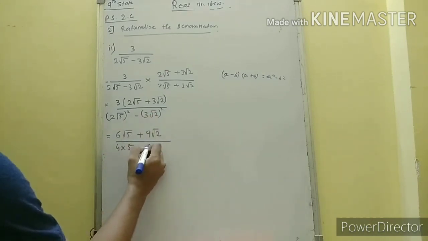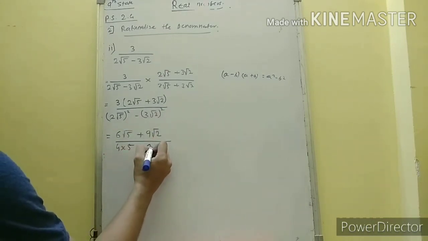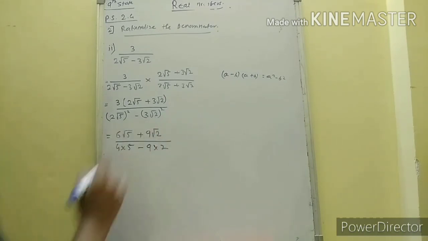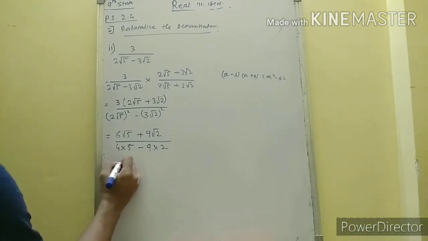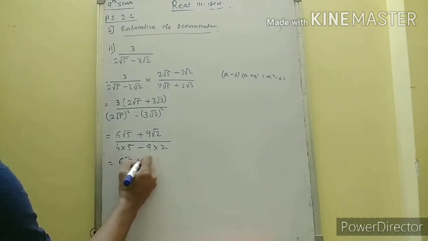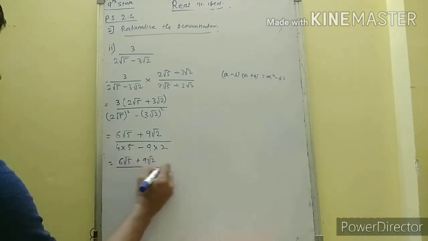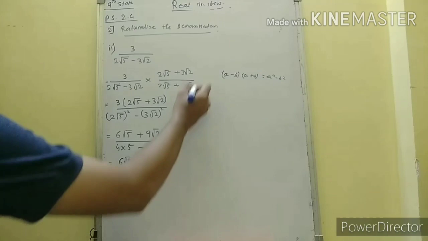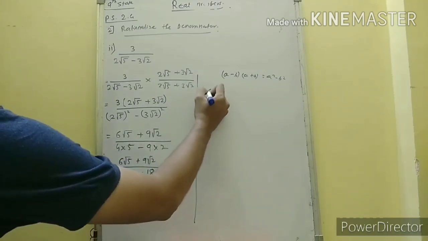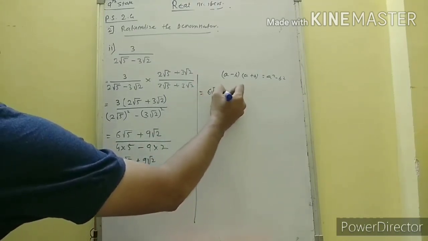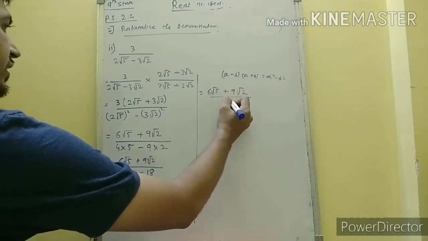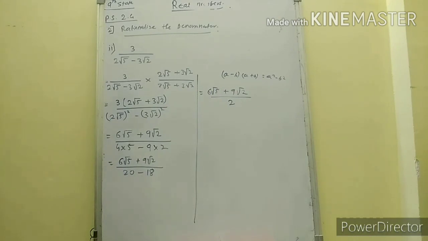Here also 3 square is 9 and square root of 2 square is 2. So we will have 6 square root of 5 plus 9 square root of 2 upon 5 4s are 20, 9 2s are 18. So 6 square root of 5 plus 9 square root of 2 upon 20 minus 18. So this is the answer. We'll just check the answer.